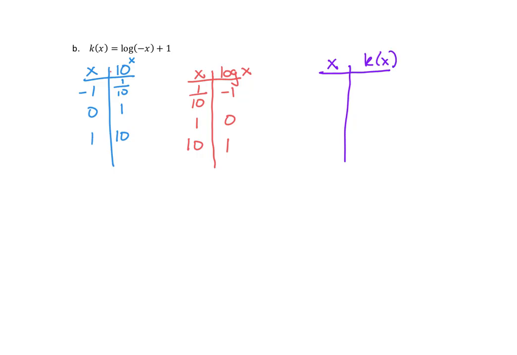All right, the first thing that we have is this negative on the inside. And so remember, the negative on the inside is going to be a reflect. And since it is inside, this is a horizontal reflect.